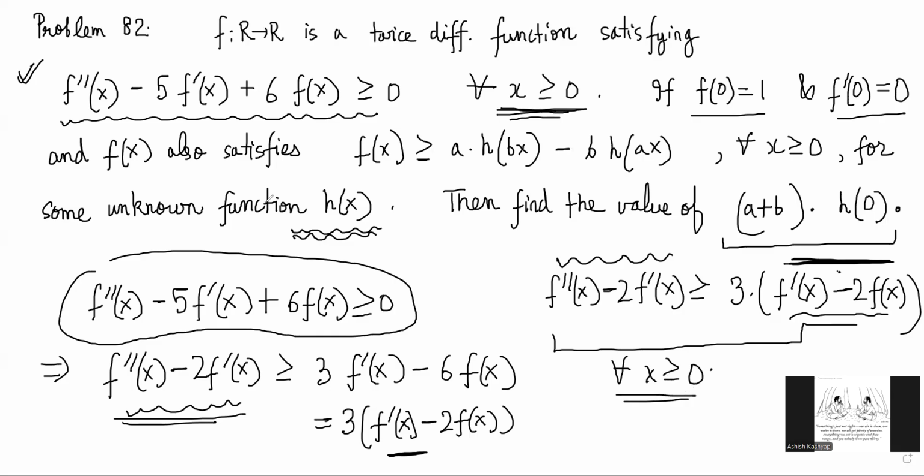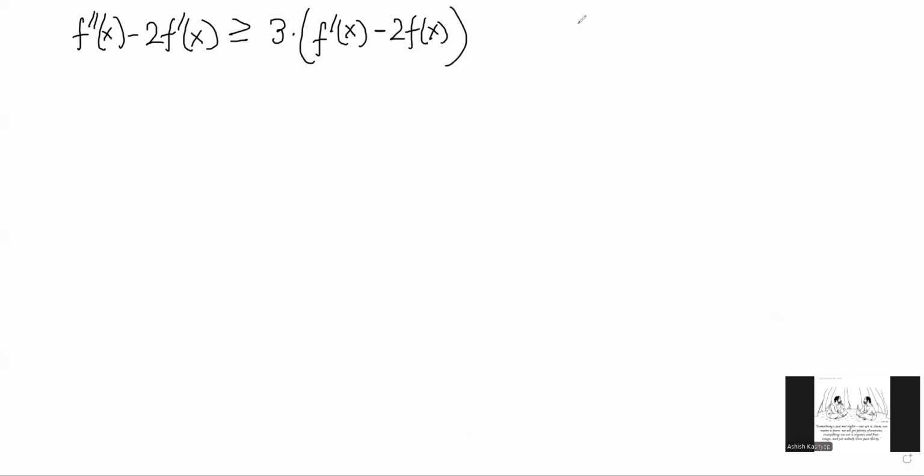So let's do it on the next screen and see what we can do here. We have f double dash x minus 2 times f dash x is greater than or equal to 3 times f dash x minus 2 times f of x for all x greater than or equal to 0.